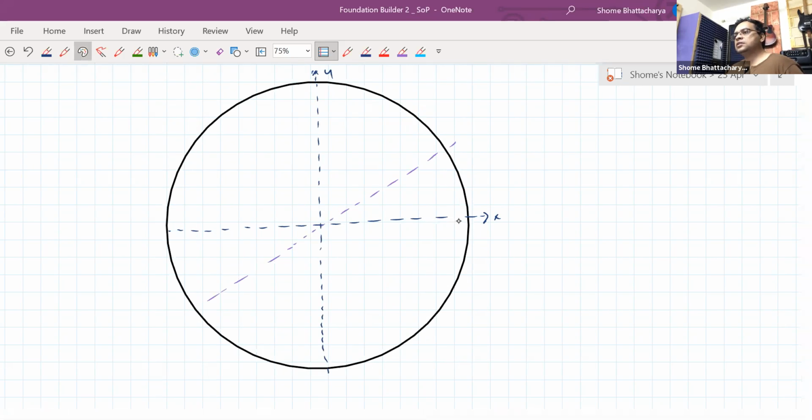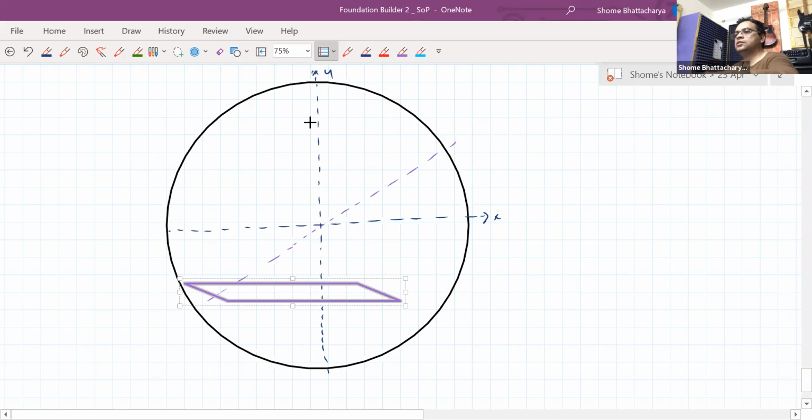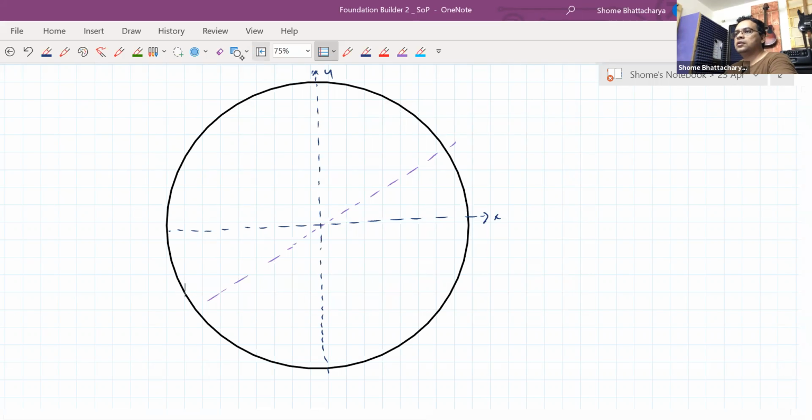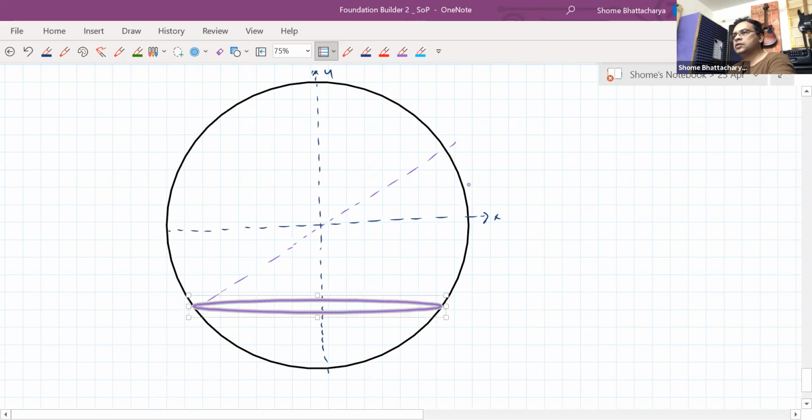Now when I slice a thin ring, like the one we have done earlier, we are taking the angular position of the ring. I'll just remove the z-axis for the moment.